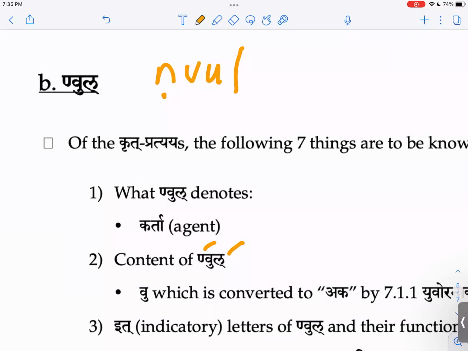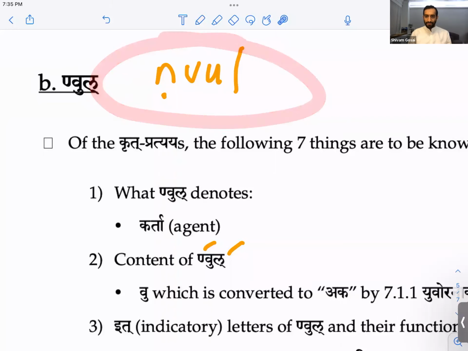Yes, it's N-V-U-L. But there's not a full Nakara, so I can't say Navul, but it's Nvul. So I hope that's clear. You can see it on the screen there too.